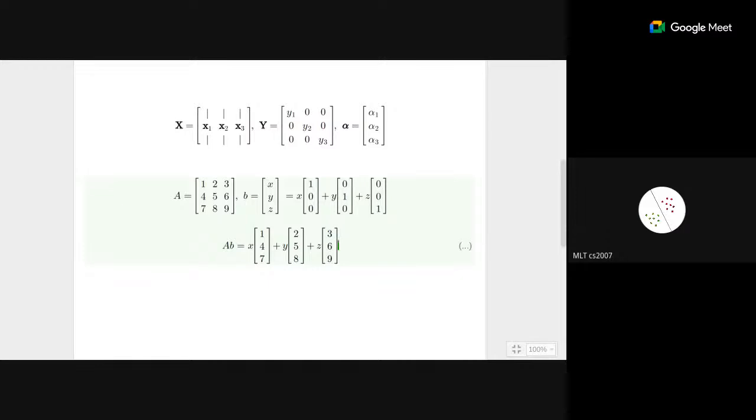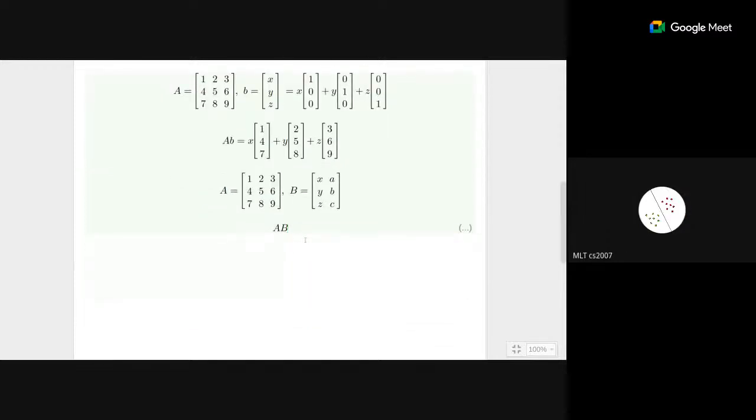Now when you think of matrix vector multiplication, you can extend this. Let A remain the same. Now, instead of B, let's say you introduce a matrix with columns 3 2 1, 6 5 4, 9 8 7.